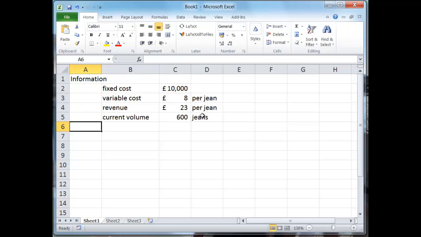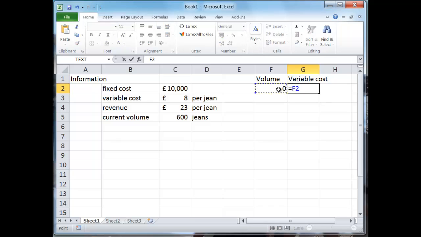What can we derive out of that? So let's see what are the effects if we change the volume. Let's play around a bit with the volume. Let's say if we don't have any volume, then of course we won't have any variable costs. That means 0 times the number of jeans times the cost per jean, which is 8.